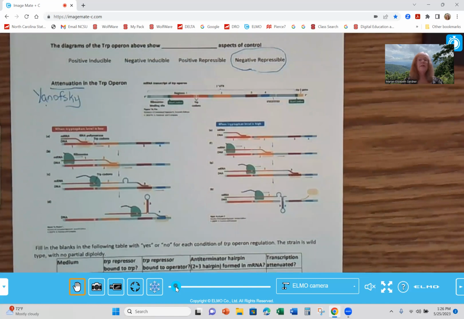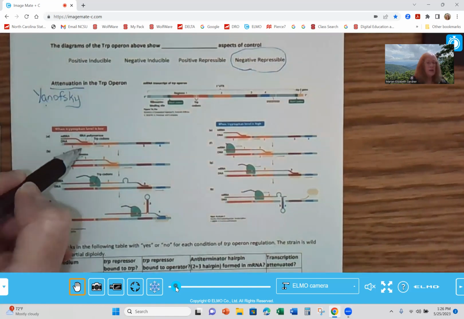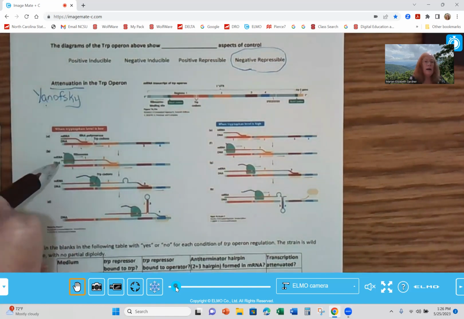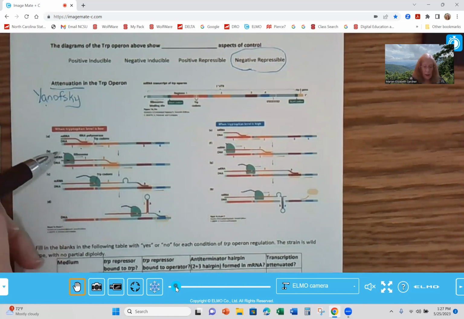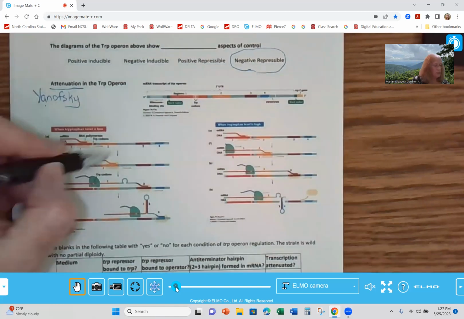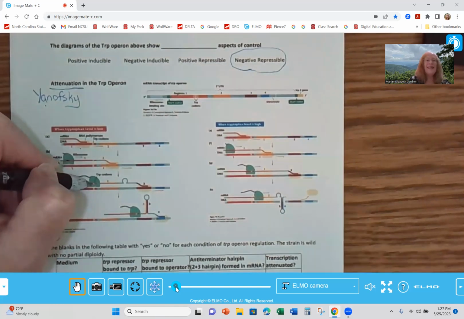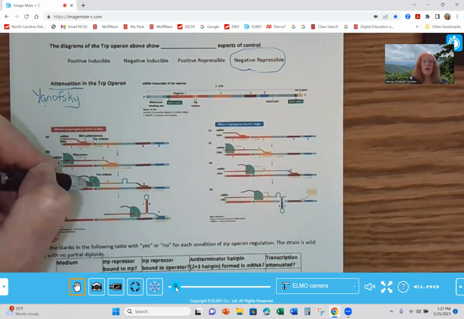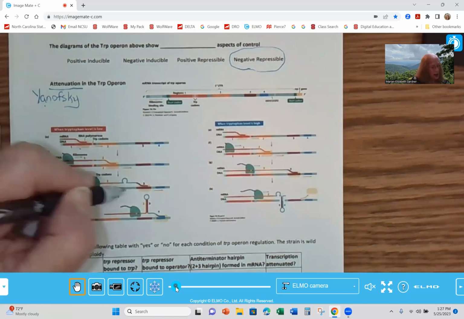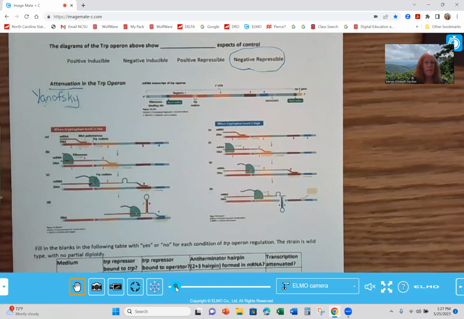If tryptophan is low, we want those gene products produced. And if tryptophan is low in the cell, here's RNA polymerase, it's going along. Here's my ribosome. The ribosome is going to need to find transfer RNA that carries tryptophan, so it's going to pause at those 2 codons, and RNA polymerase gets way far ahead.